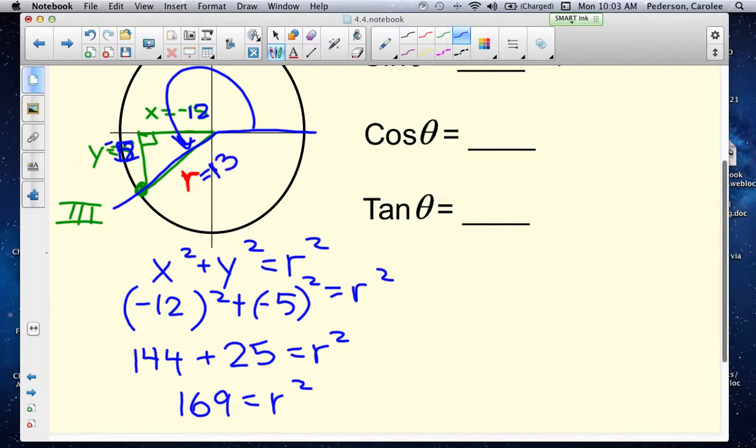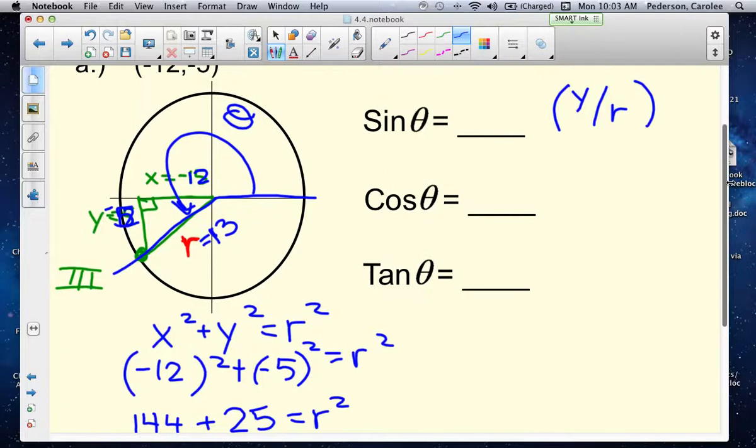All right. So first one, the sine. The sine is y over r. So what's our fraction going to be there? -5 over 13. How do we find the cosine? X over r.